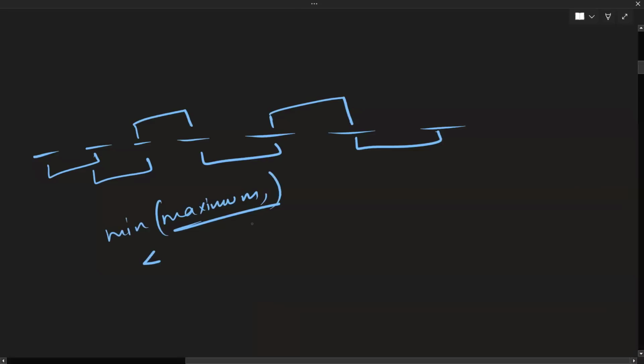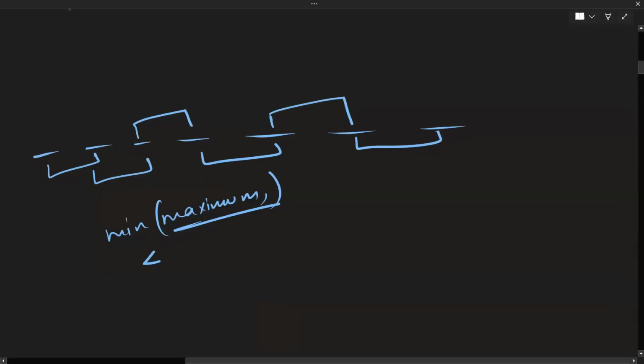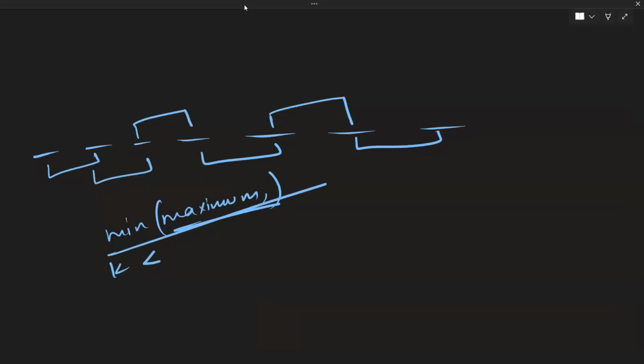Is this making sense? Okay, this is making sense. So that's it. We just have to do this, and that is our answer. Is anyone having any doubt? Alice's k will be less than the minimum of these. Otherwise I'll show you the implementation.